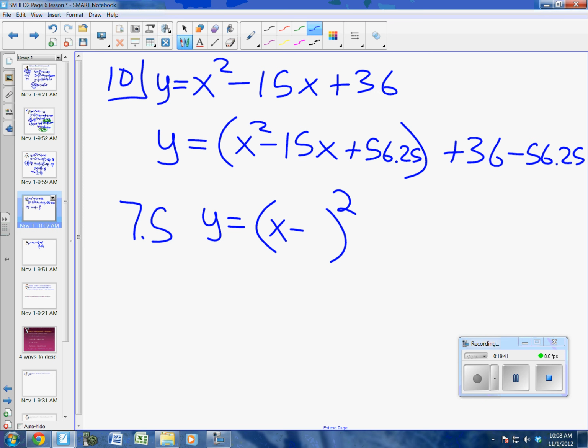That's a minus sign. And then what's the square root of 56.25? Well, we already know. It's the number we took half of, 7.5, right? 36 minus 56.25 is what? Negative 20.25, is that correct?